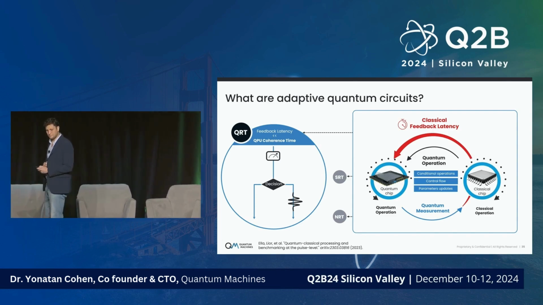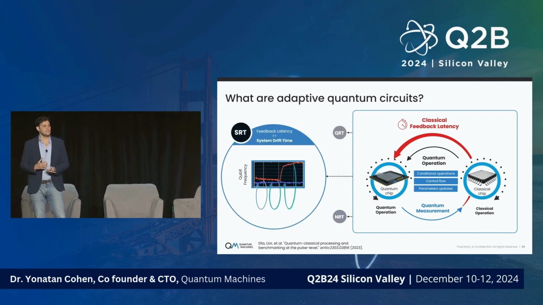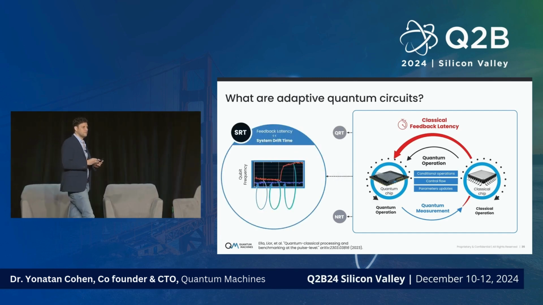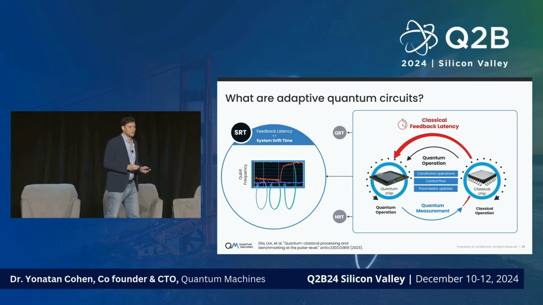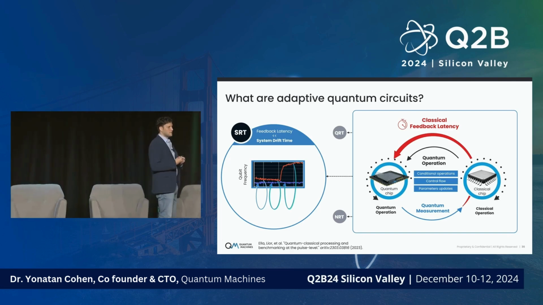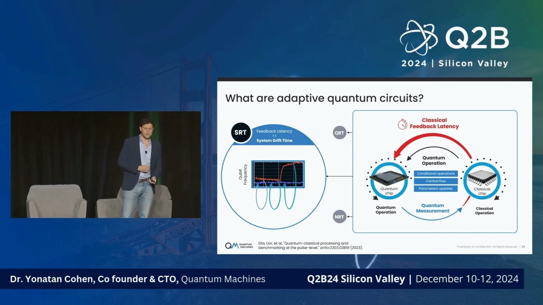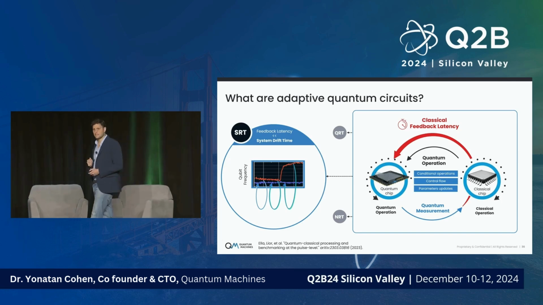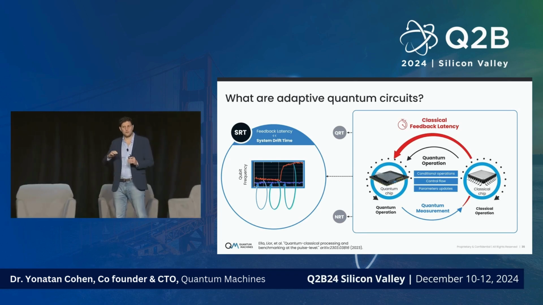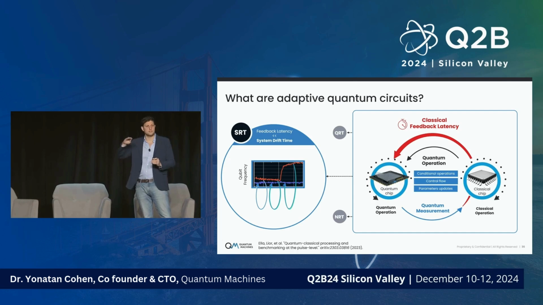Then we have SRT, which stands for system real time. This is very important because one of the major contributions to the errors in even the best-performing quantum computers today is drift of system parameters. Here you can see an example, in this red curve, of how a superconducting qubit frequency drifts with time.